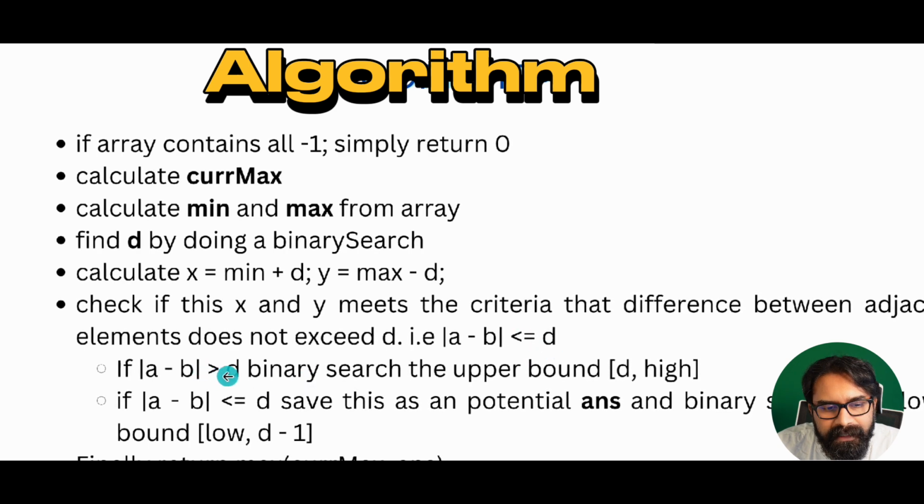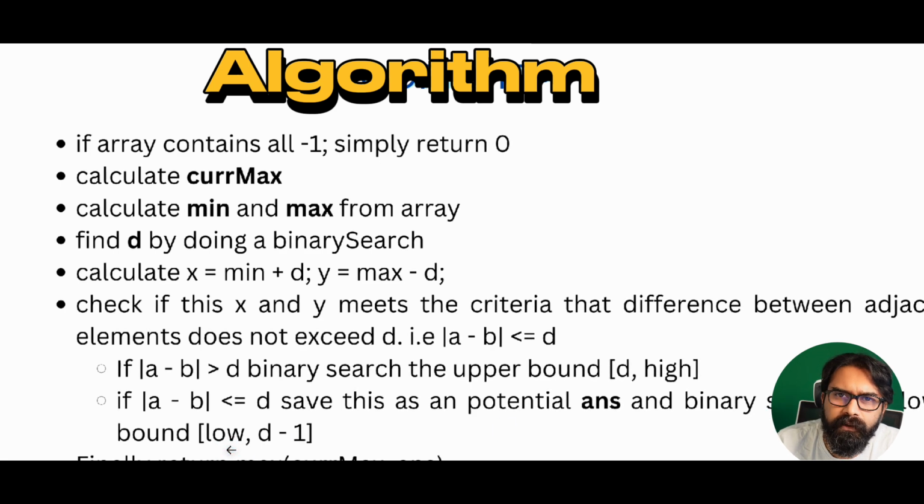So what if it exceeds? We already saw how we have to move our numbers more to the right of the number line. That means increasing D. So that means we have to search in the upper bound between D and the high. And what if it satisfies the condition less than or equal to D? In this case, we save this as a potential answer and then binary search for the lower bound.